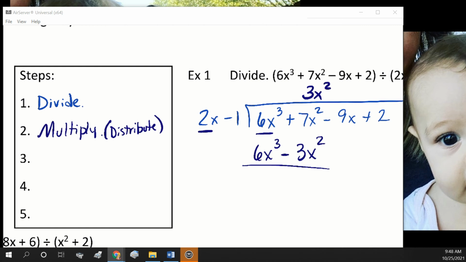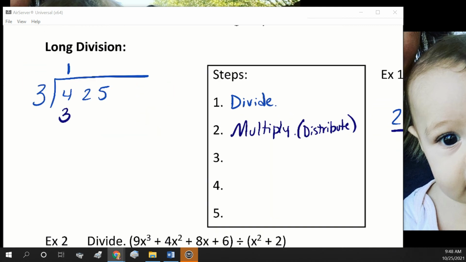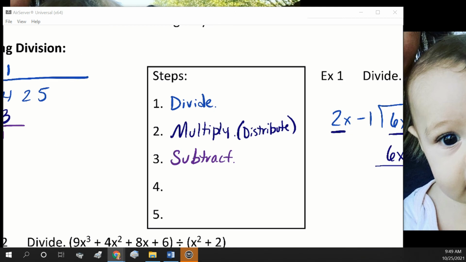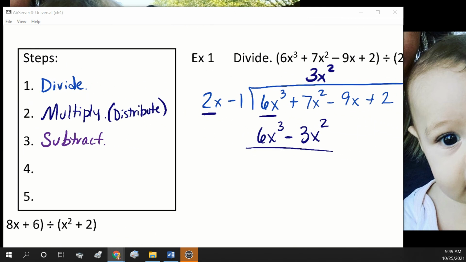All right, let's go back to our numbers. Okay, so after you multiply, then what do you do? This is where you subtract. Now, if you're going to mess up on polynomial division, it's probably on the subtraction step. So we have to make sure that we subtract both terms.